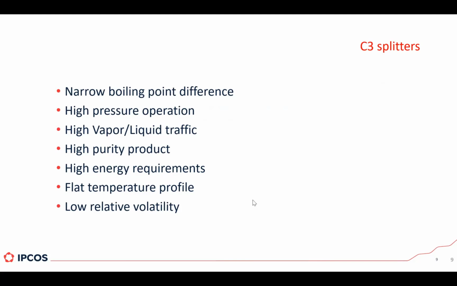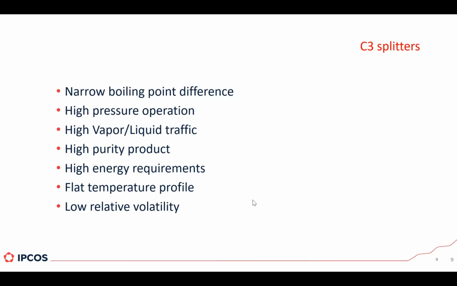High vapor and liquid traffic, that's a given for a C3 splitter. We have a narrow boiling point mixture. You need a very large vapor and liquid traffic. You need to have a lot of interaction between vapor and liquid to be able to do your separation.